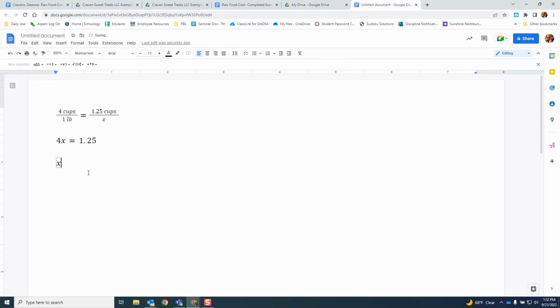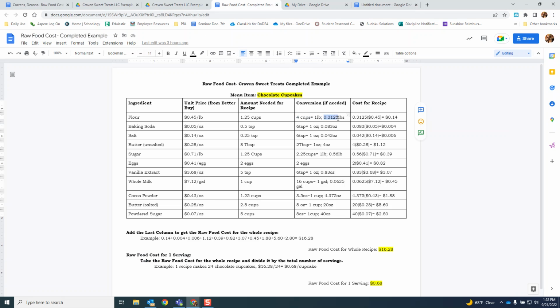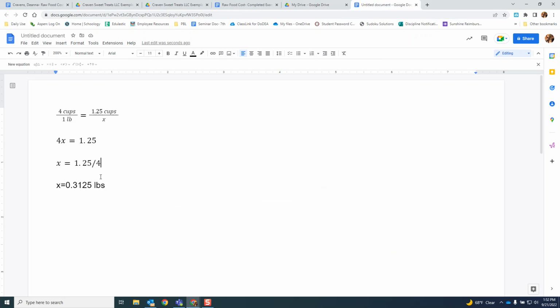So X equals 1.25 divided by 4, and when I divide it by 4, I get X equals 0.3125. That is how many pounds of flour I would need for my recipe. So on your completed one, right here, I need 0.3125 pounds. That is where I got that number, because I set up ratios. Now this part you do not have to do in the computer. I was just showing you so that we could see it. You can do that on paper, and then you can staple it or turn it in.